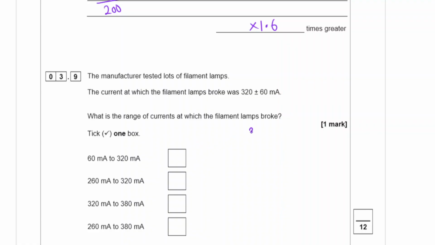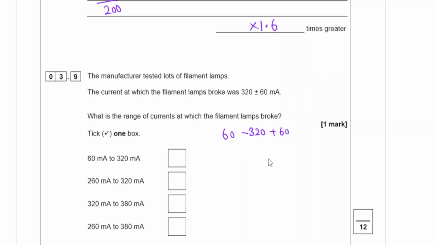So 320 plus 60. If I write minus 60 on this side, minus 60.